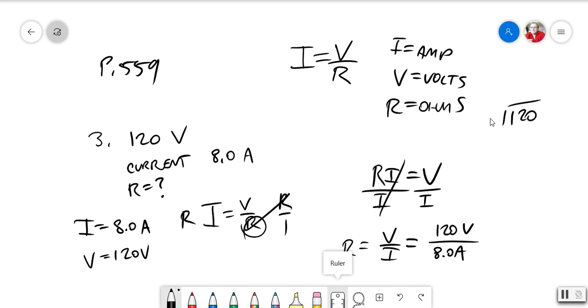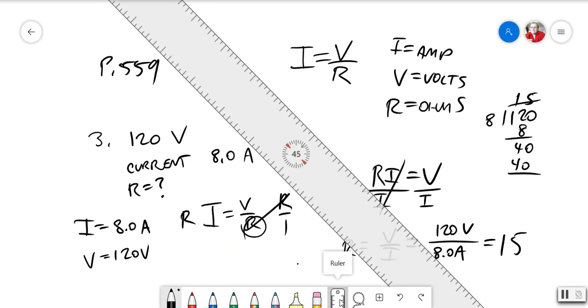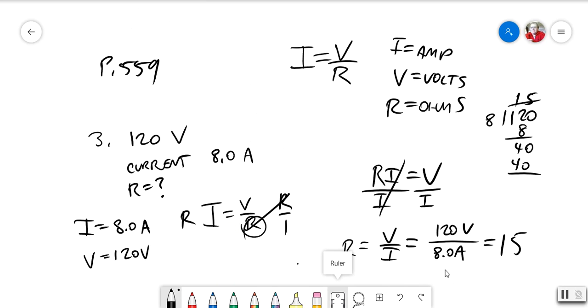And as luck would have it, that is easily done without a calculator. It's going to give you 15. Volt per amp, the unit of resistance is ohm. So 15 ohms is the answer.